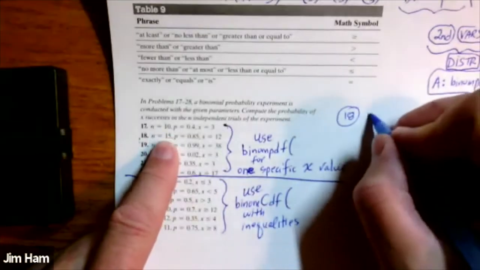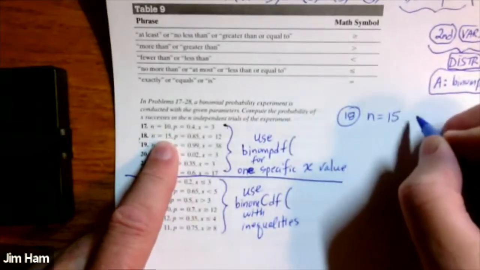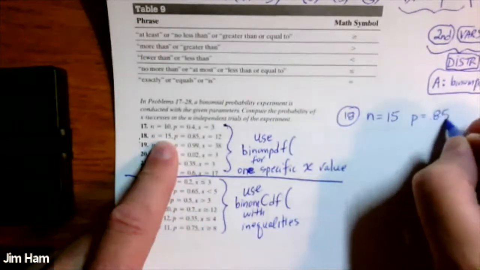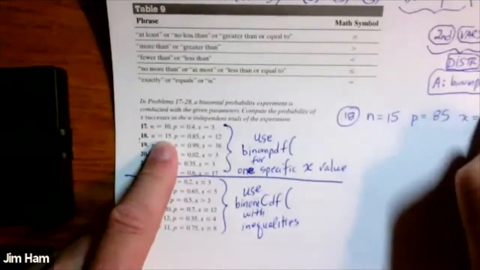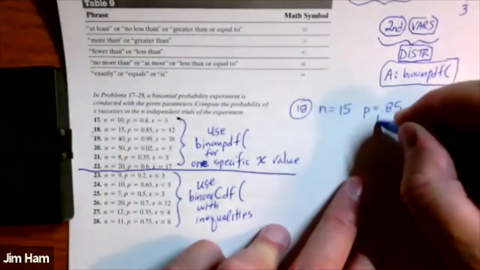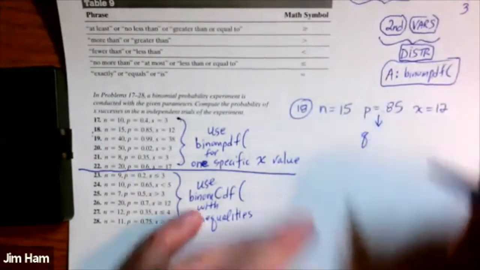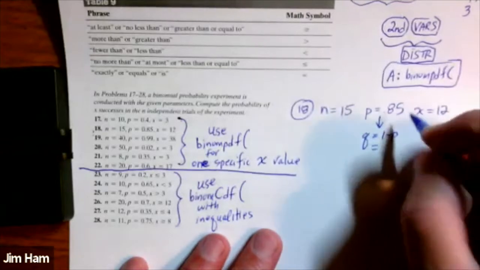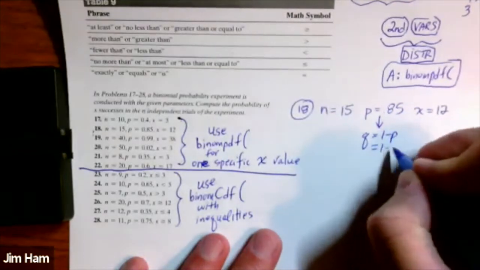Okay, so n is equal to 15, and p is equal to 0.85, and they give you x is equal to 12. If they ever ask what q is, it's 1 minus p, so you subtract 1 minus 0.85 here.